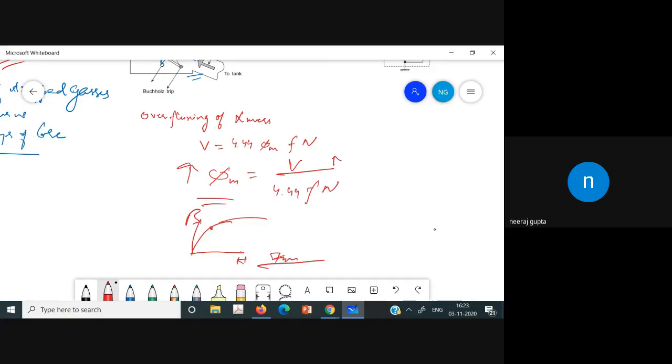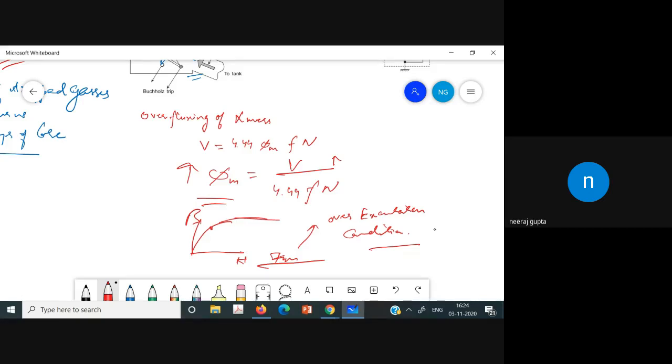This condition is known as the overexcitation condition.